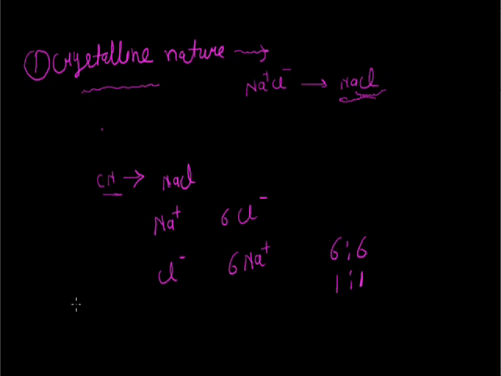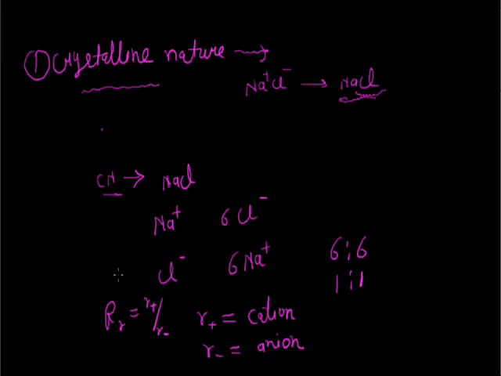Now, on the basis of crystalline nature, we will discuss the geometry of ionic compounds. Basically, the geometry of ionic compounds depends upon the radius ratio, and radius ratio, RR, equals R+ upon R-. Here R+ means the radius of the cation and R- is the radius of the anion.